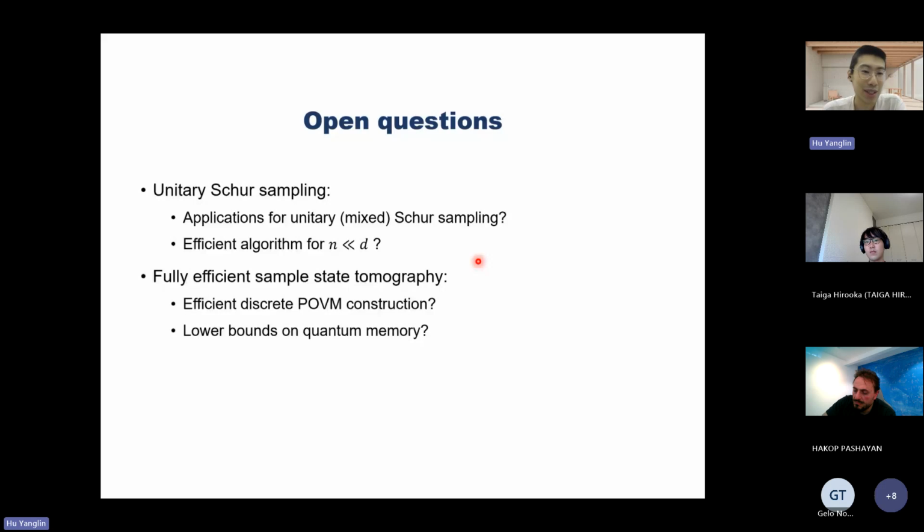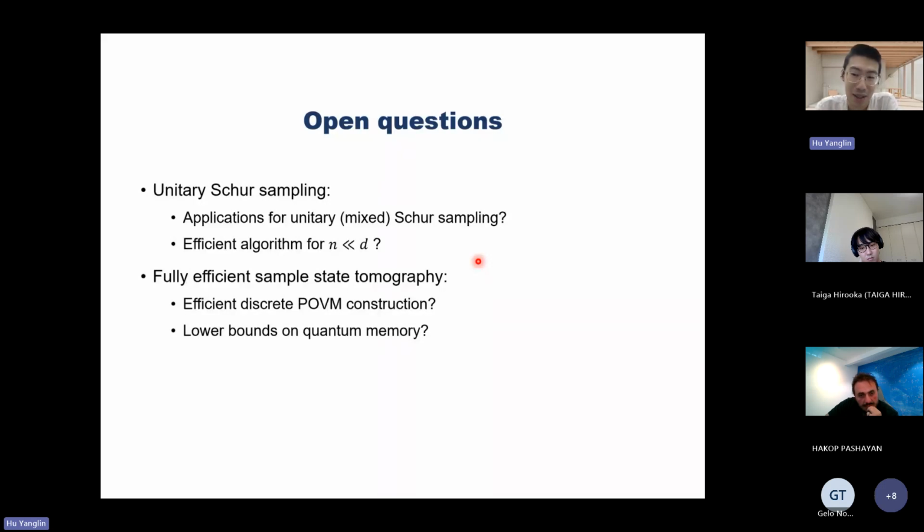Right, so now we almost have an efficient way to sample unitaries from Haar measure, but there is still a gap between efficiently performing this discrete POVM and sampling unitaries from Haar measure efficiently.